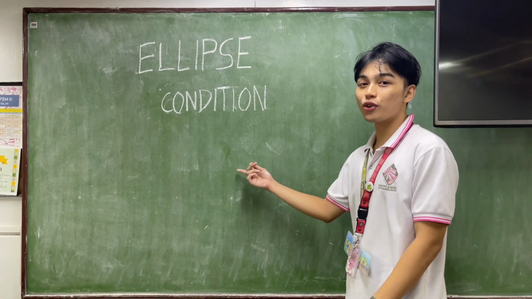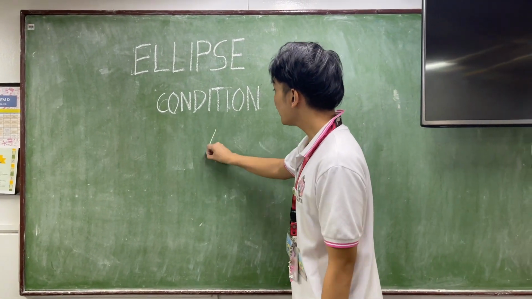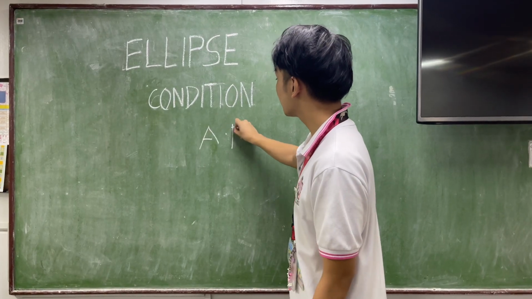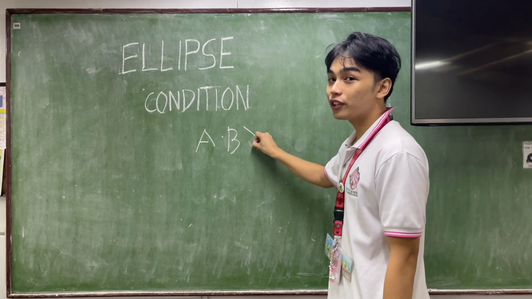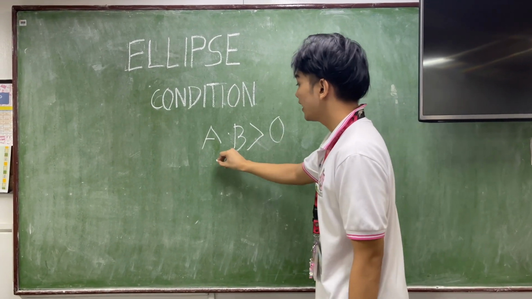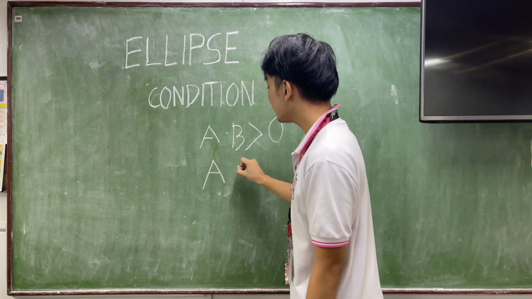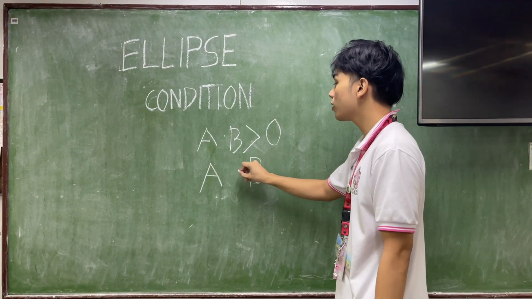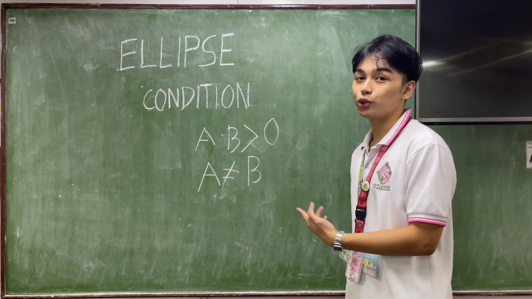Now, the condition of an ellipse: a times b must be greater than 0. And the coefficient of a and the coefficient of b must not be equal to each other.